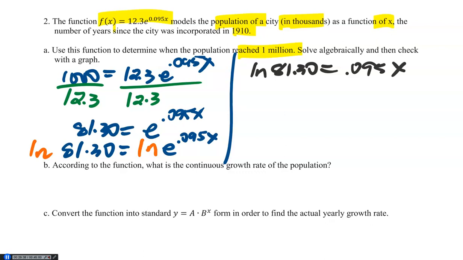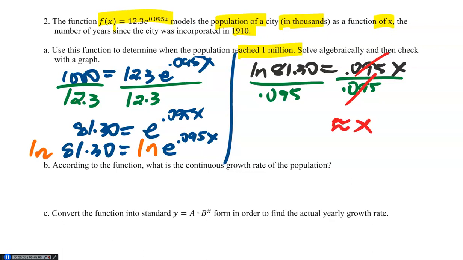And then now divide by 0.095, so that x is approximately equal to 46.30 years.